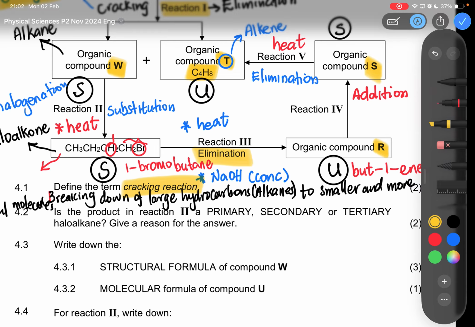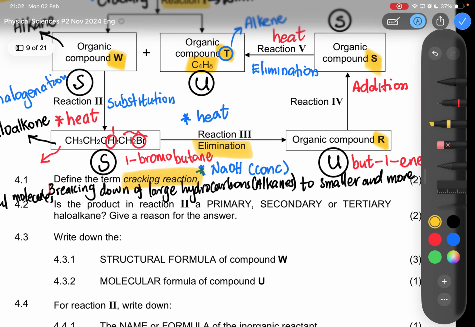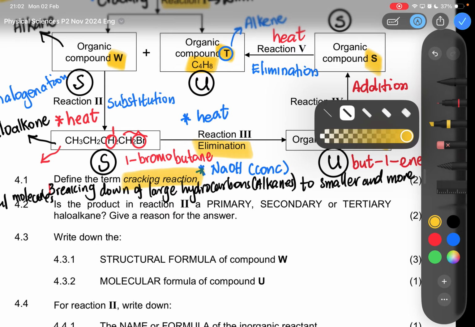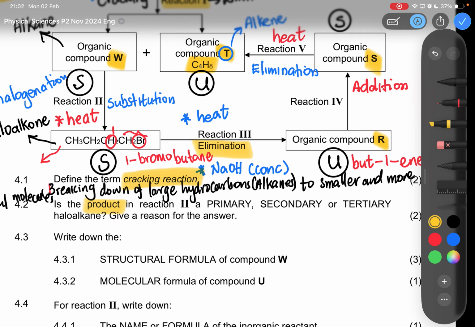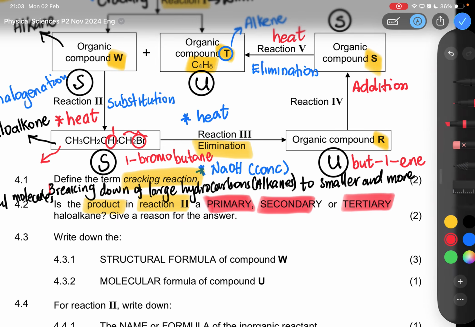So, with that, let us look at 4.2. It says, is the product the outcome of reaction to a primary, a secondary, or tertiary haloalkane.